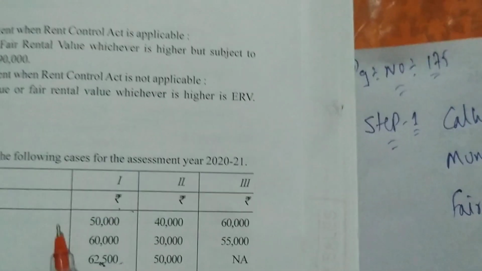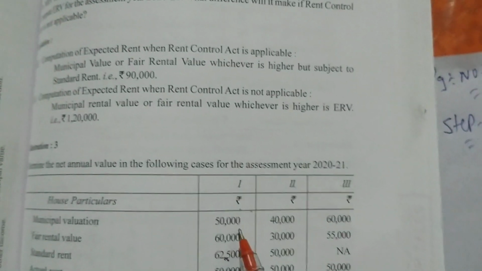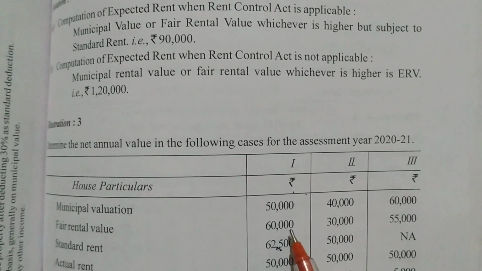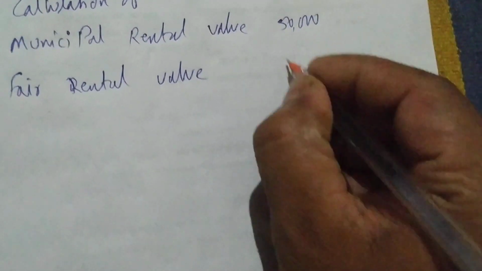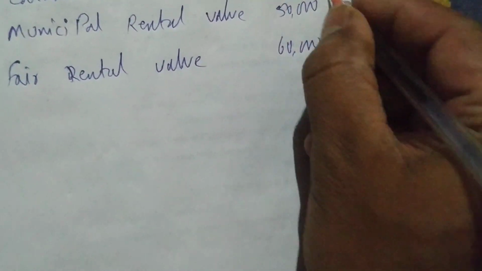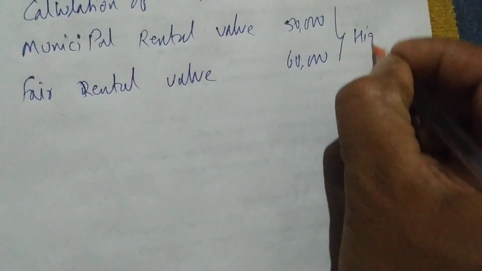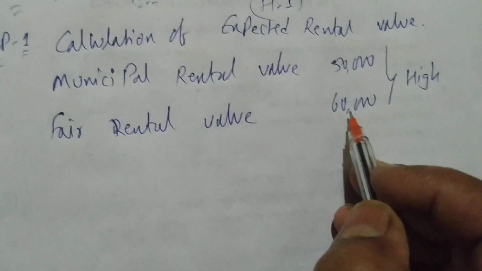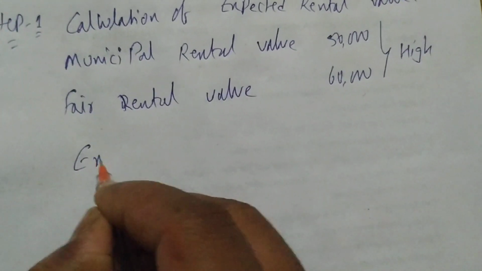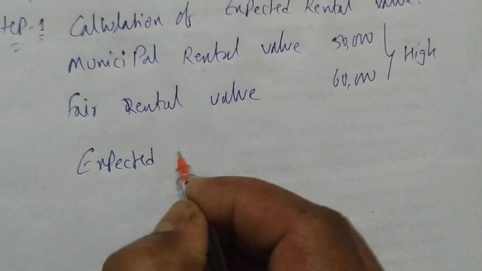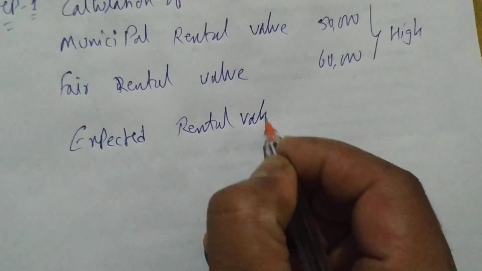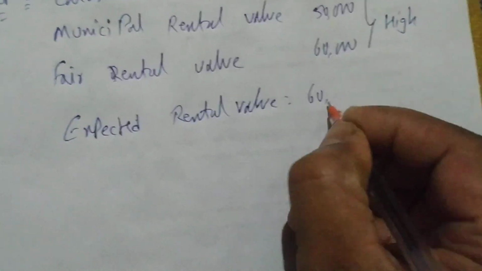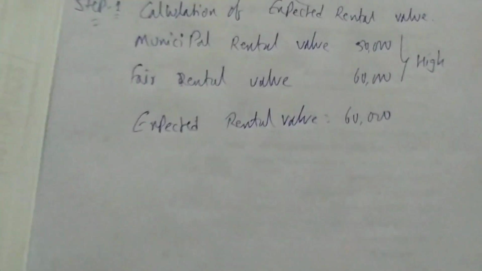So how much is municipal rental value? 50,000, and fair rental value 60,000. Whichever is high, high is 60,000. So expected rental value is 60,000. Done.